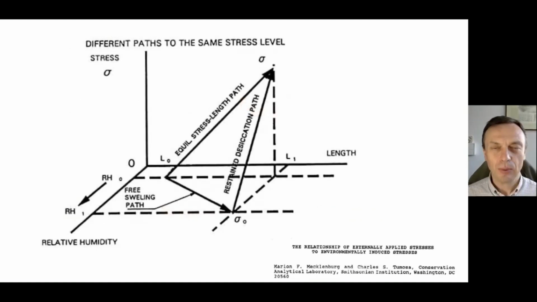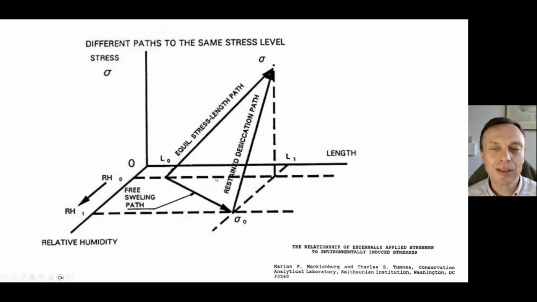the material. One can ask how it happens that without external force applied to the object, we reach the stresses which can break the wood or the material. And Marion Mecklenburg convincingly showed that the same stresses can be achieved by applying the external load or by changing relative humidity. Let's consider this situation: we have an object at a certain relative humidity.